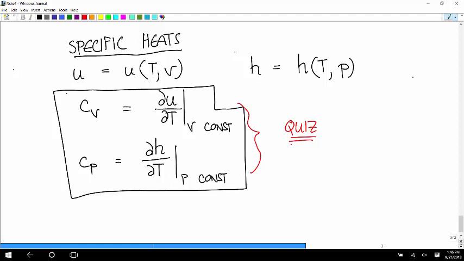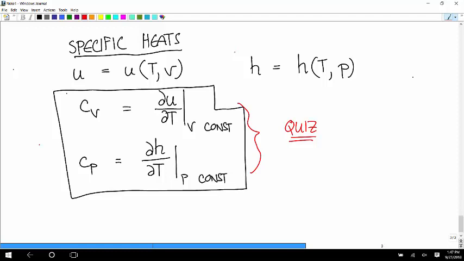I think some of you talked about specific heats in physics 1 probably. And the way you would have talked about it is, for example, for liquid water, you know that it takes about an increase in energy of 1 kilocalorie. Is it 1 kilo?